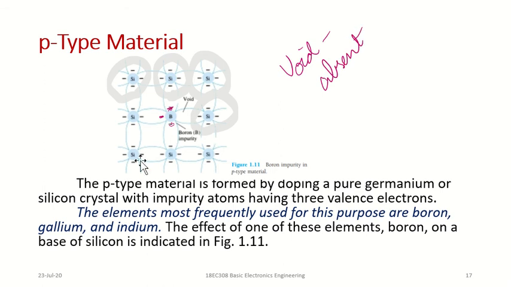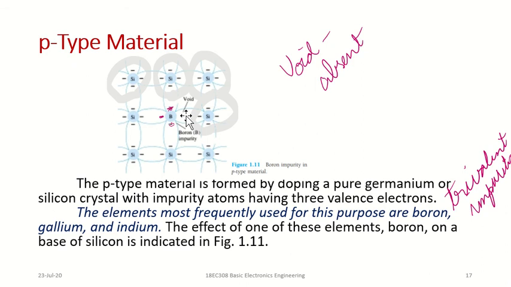Such impurities are called trivalent impurities. Boron, gallium, indium are all trivalent impurities. Trivalent impurities make a p-type semiconductor, while pentavalent impurities make the n-type semiconductor. There is a shortage or deficiency of electrons, and such semiconductors are called p-type semiconductors.